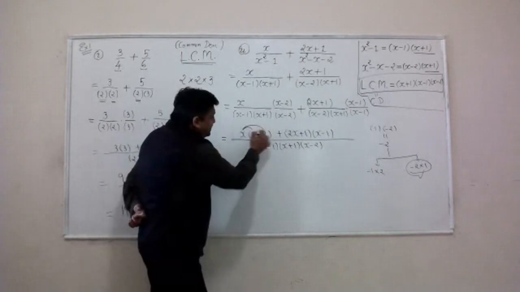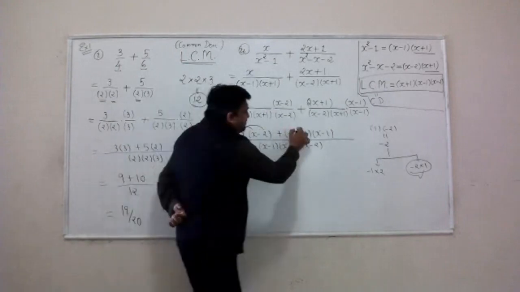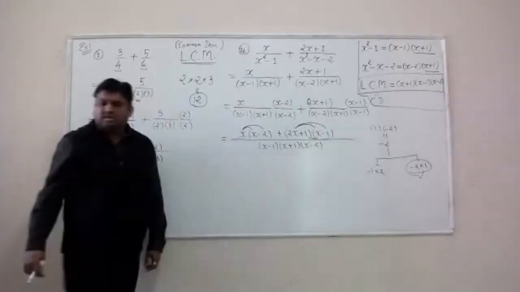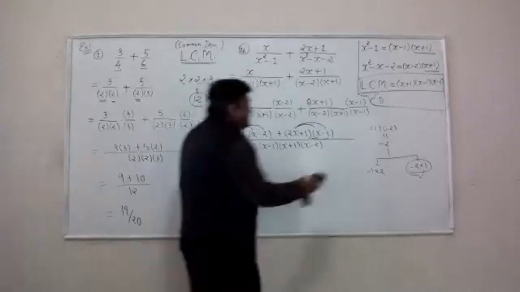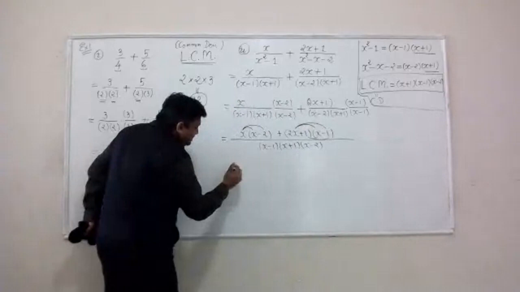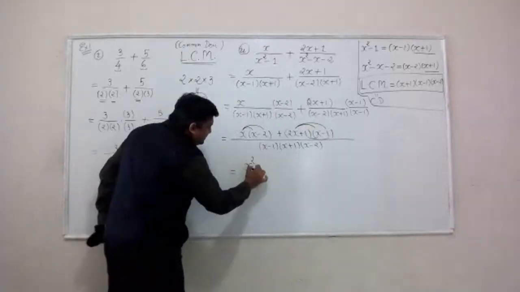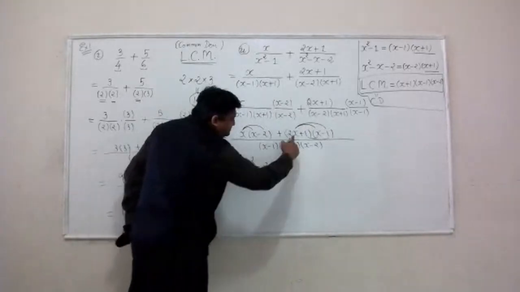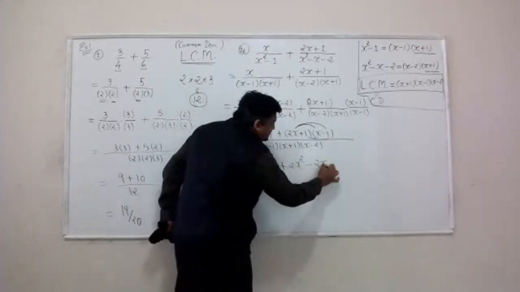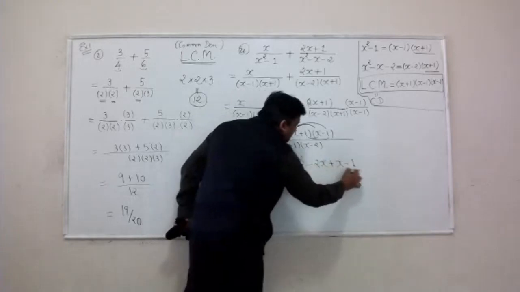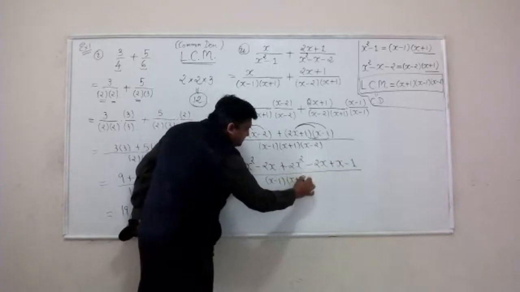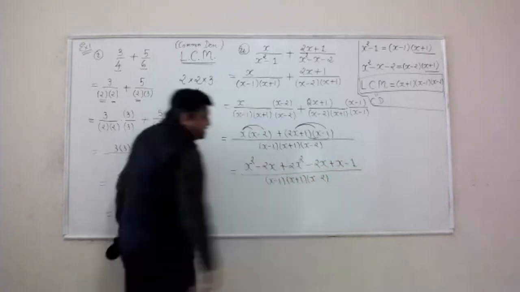To multiply the first two polynomials, you have to use the distributive property. To multiply these two, you simply need to FOIL it out, right? Let's do that. I get x squared minus 2x plus 2x squared minus 2x plus x minus 1, divided by x minus 1, x plus 1, x minus 2.